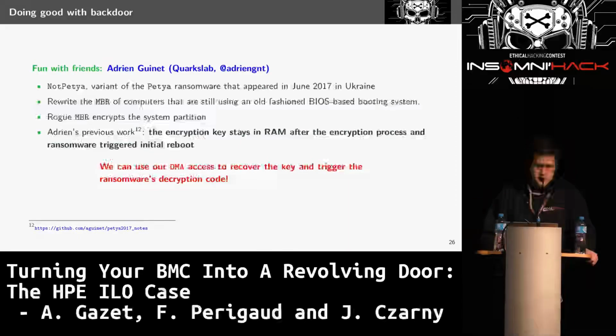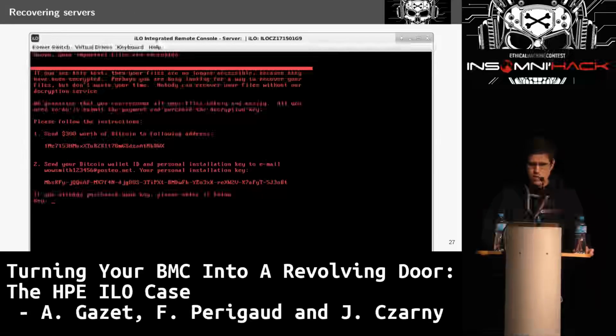But our friend Adrien Guinet from Quarkslab found that the encryption key will stay in RAM after the reboot of the computer. So using our DMA access with iLO, we can simply recover this key from RAM. We can patch the NotPetya MBR to make it decrypt itself on the next boot. So this is what we did.